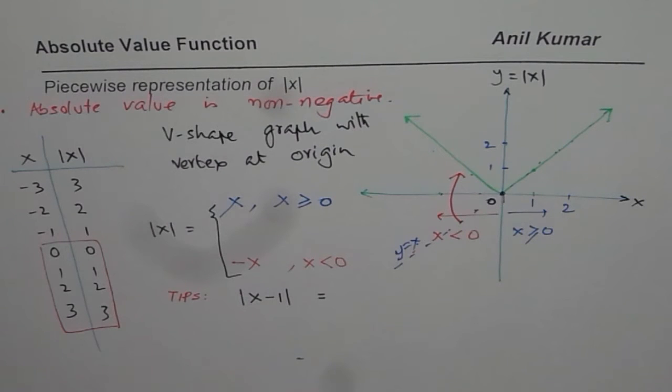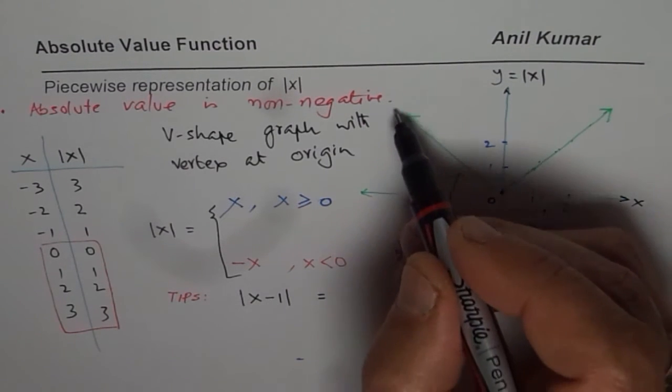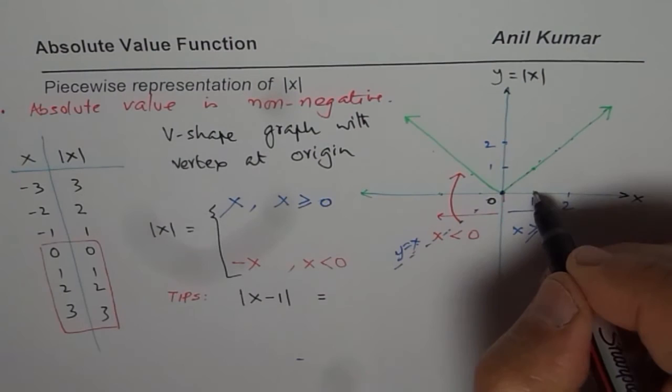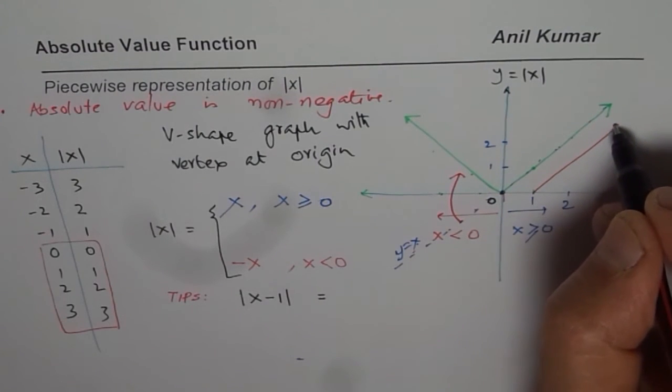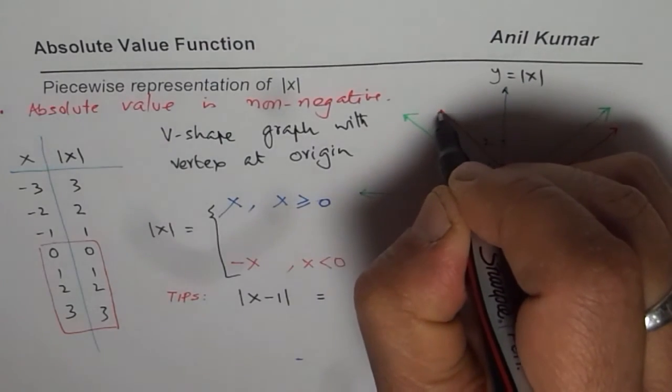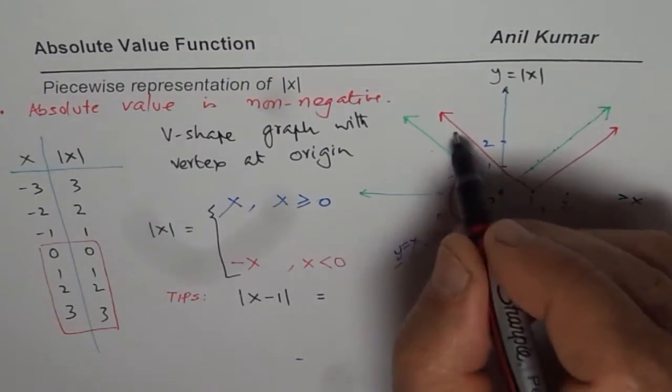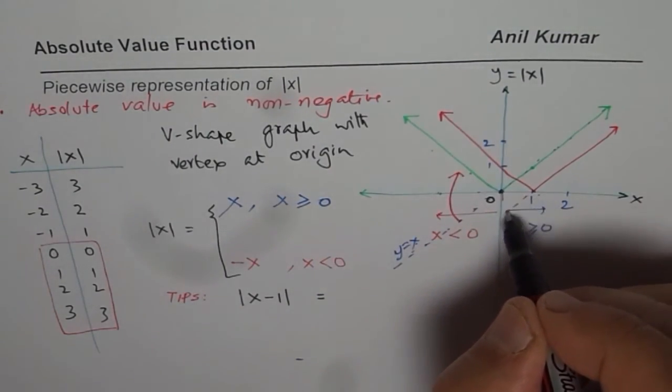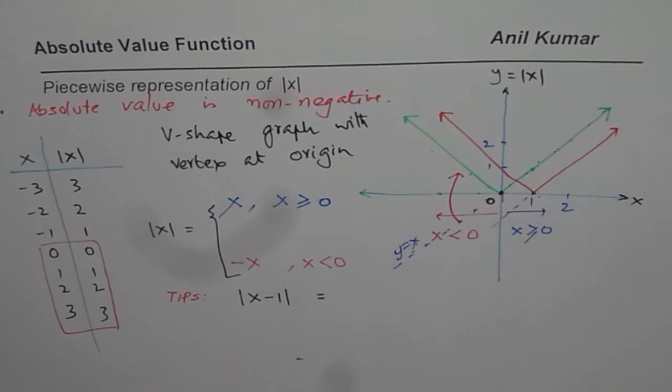So in this particular case, the function here is translated 1 unit to the right. So we could translate this function 1 unit to the right and it should look like that. Do you see that? Kind of like this. So that makes sense, right? That is how the function would be. Now, how do you represent this as a piecewise function?